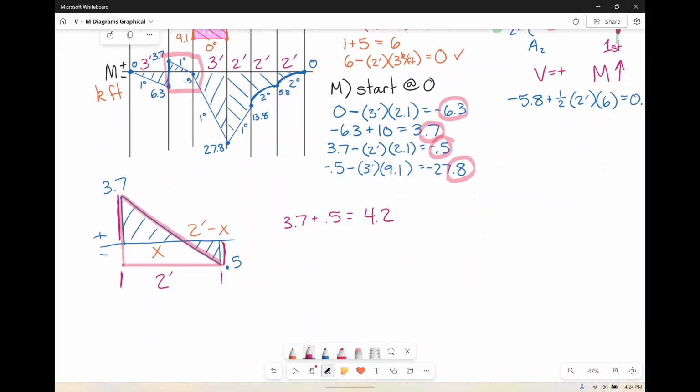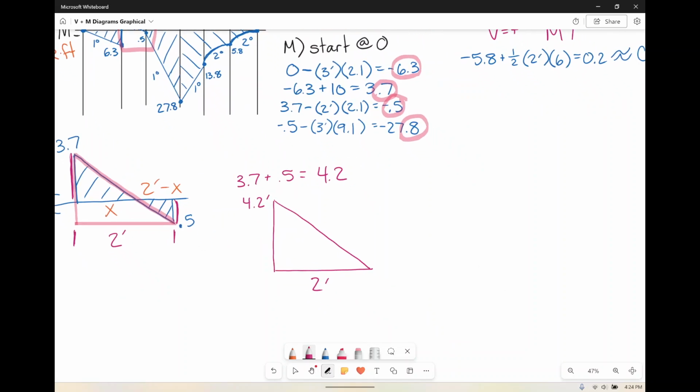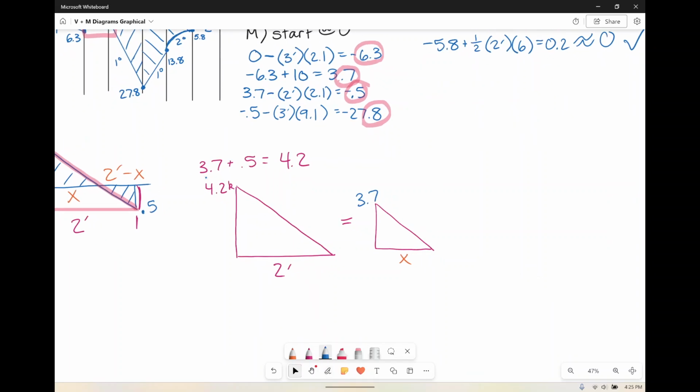So what we're relating here is the big triangle, whose base is 2 feet and whose height is 4.2 kips, assuming I can do math, to the other triangle, which has base x, what we want to know, and a height of 3.7. If I really want to find x, I can relate sames to sames or lefts to rights.